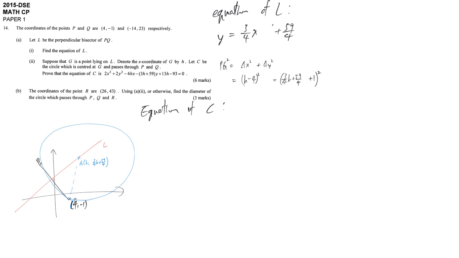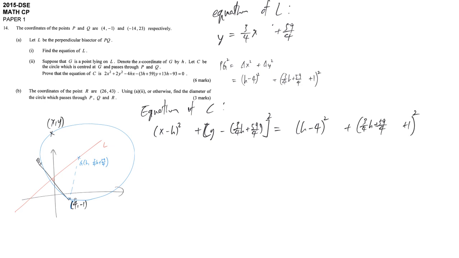Equation of C, any point xy, the distance is the same as radius square, so we use x minus h square plus y minus this whole thing is equal to h minus 4 square, and then plus 3/4h plus 59/4, and then plus 1 square.